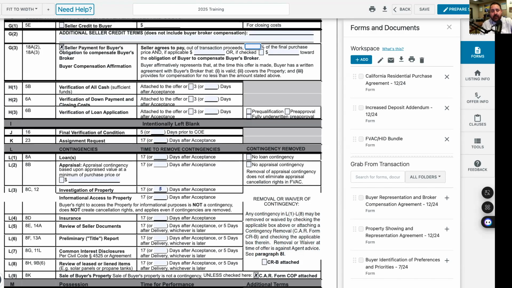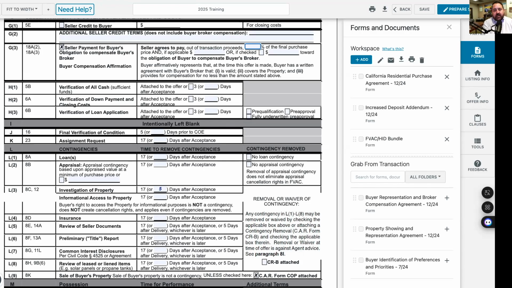Now, if we have a buyer that says, I don't have the cash to pay, but I want to say, hey, you should get paid 3%, that's fine. But what that states is that if the seller's not paying 3%, they don't get that house. That's what that part of the BRBC is stating. If you're offering to pay me 3 and we can't get 3, then technically you don't buy that house.